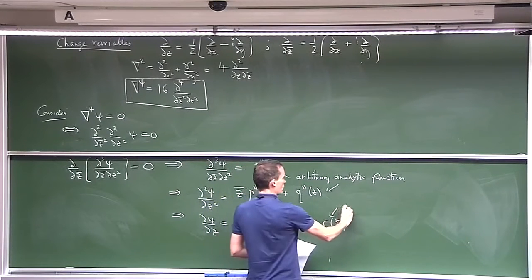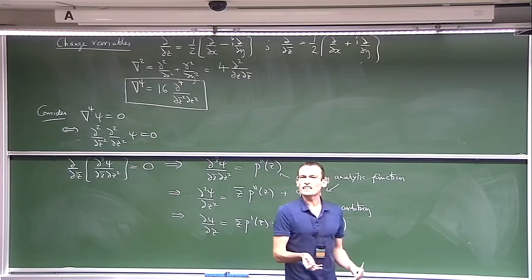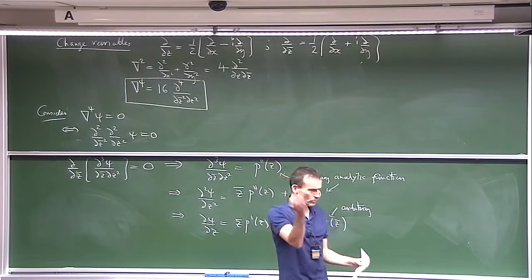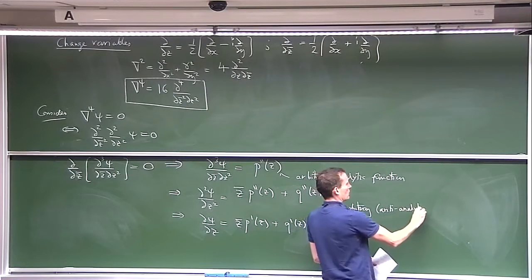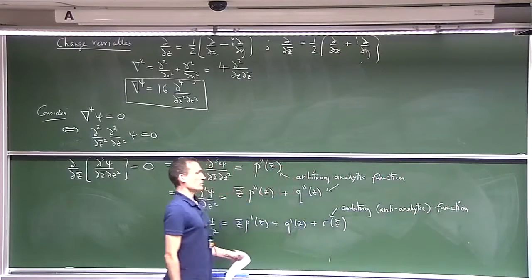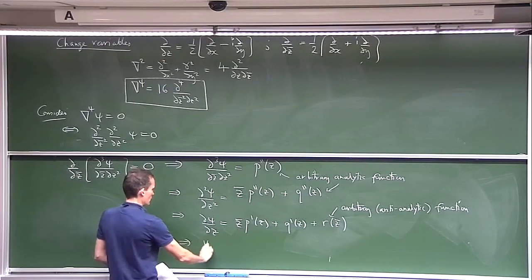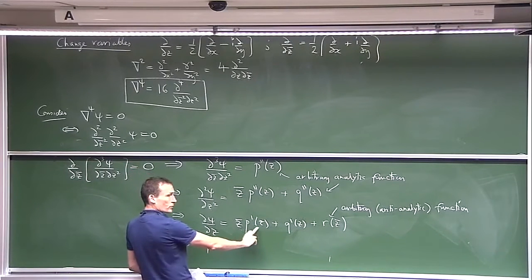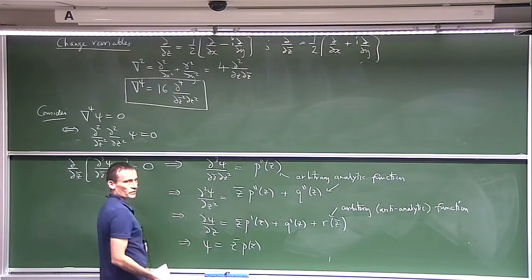This is an arbitrary function. Remember, I called this an anti-analytic function. But whatever. And I've got one more integration to do. The integral of this with respect to z is z bar p. You can see why I put the double derivative there now.